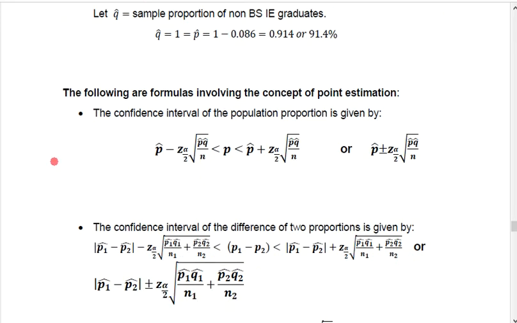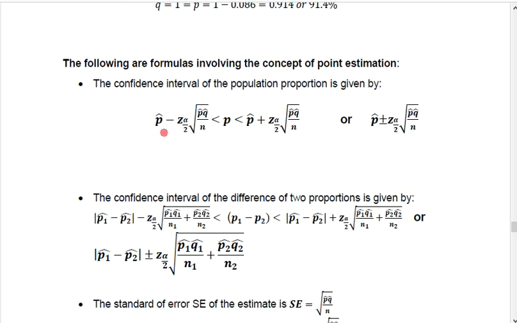The following are formulas involving the concept of point estimation. To get the confidence interval of the population proportion, we have this formula. So, tandaan nyo, ito yung formula ng confidence interval of the population proportion.